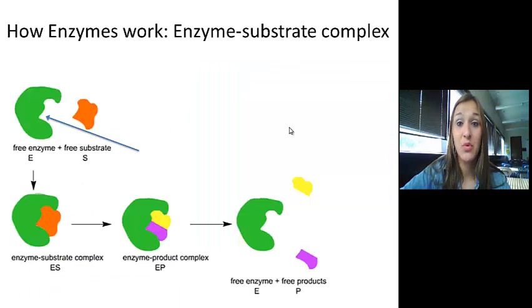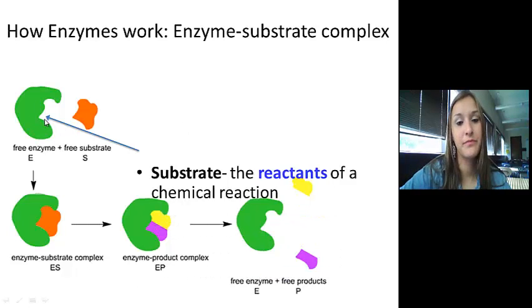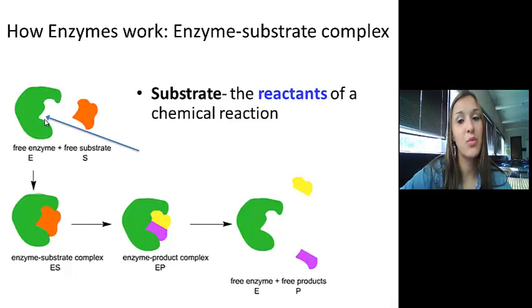Here's how enzymes work. Here's an enzyme in green, and it works on a substrate. A substrate is a fancy term for the reactants, or the things that you're starting with. So here in orange we have a substrate, something that's going to be broken down.